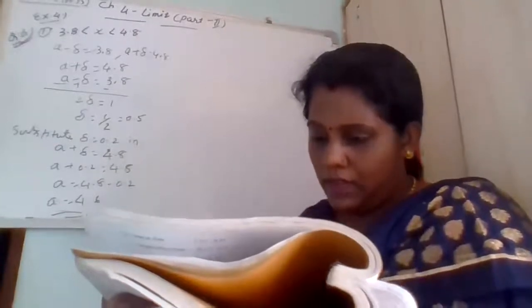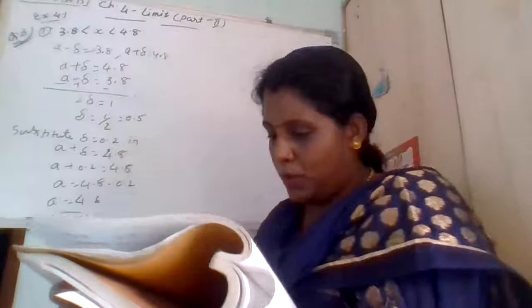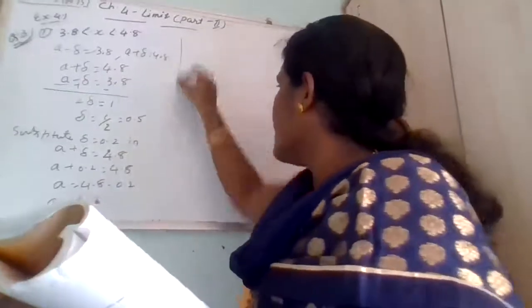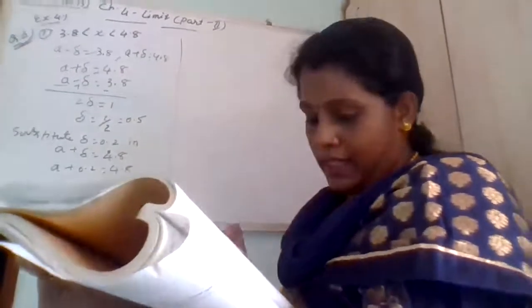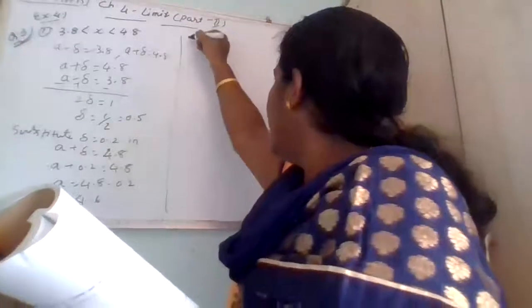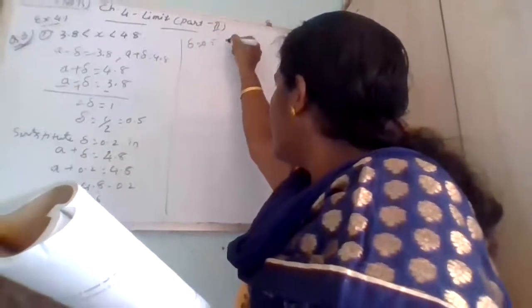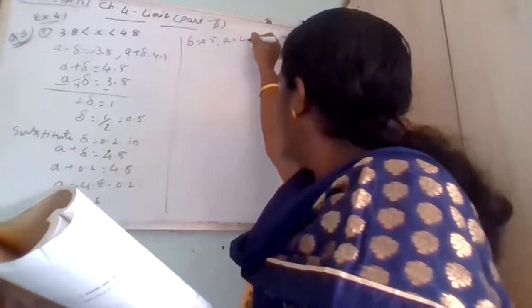So here we got the value of a as 4.3. So we got delta equal to 0.5 and a equal to 4.3.